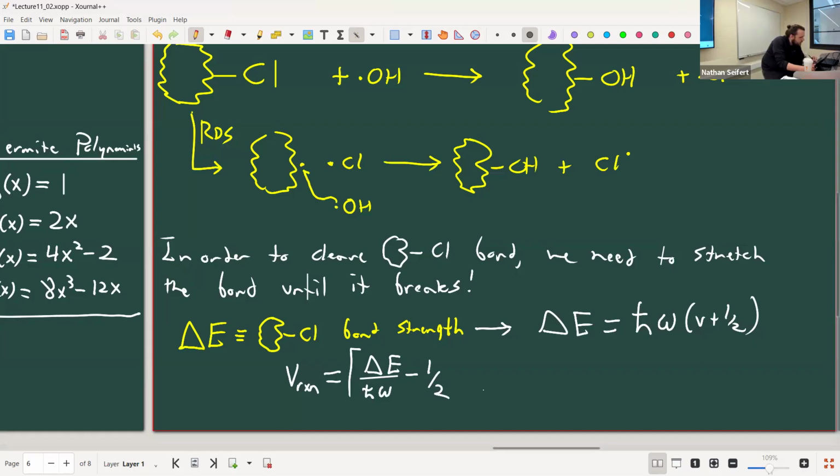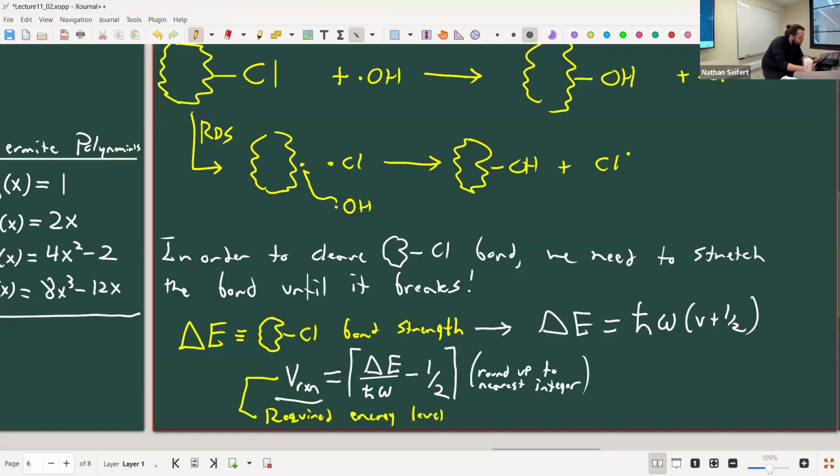And we're going to round this number up to the nearest integer, because v has to be an integer. So this is the required energy level. Okay, so we could calculate that.